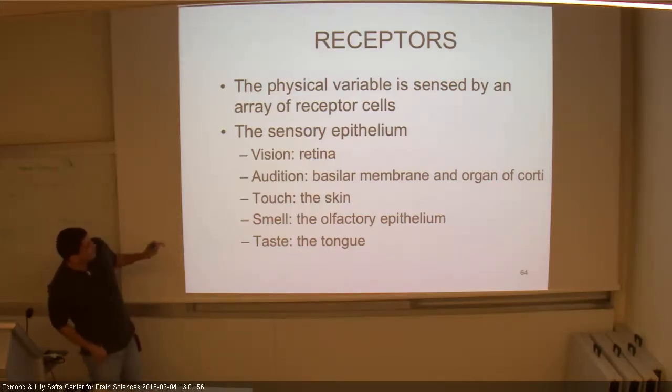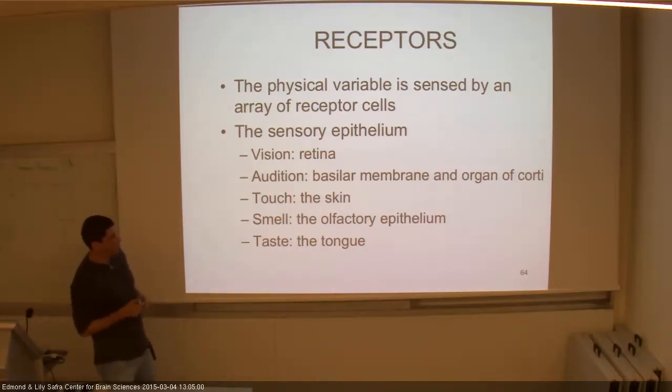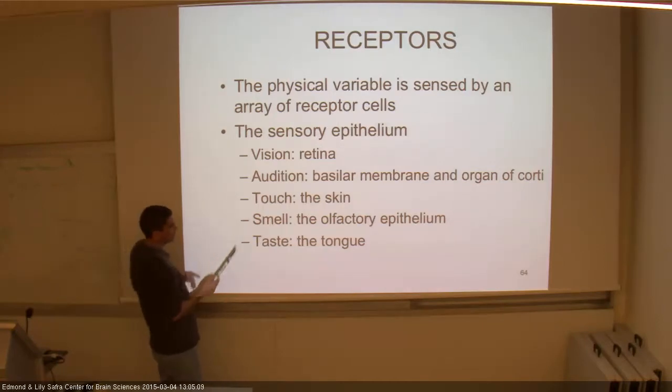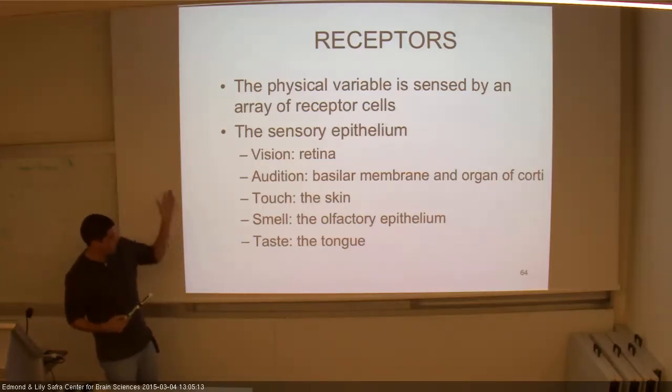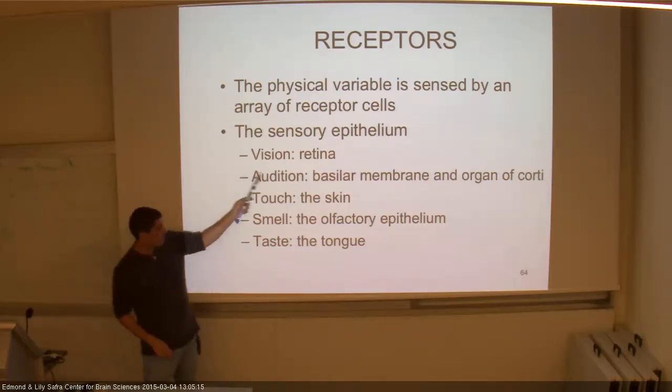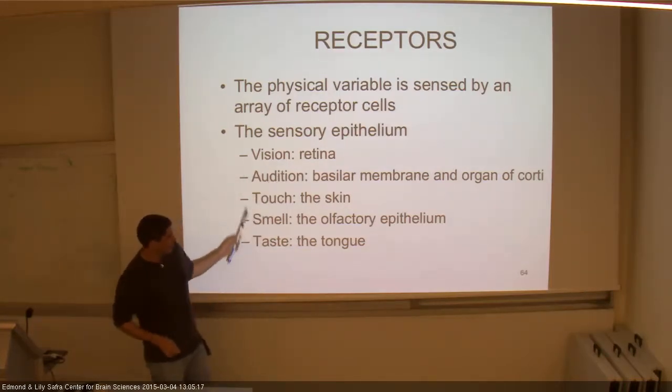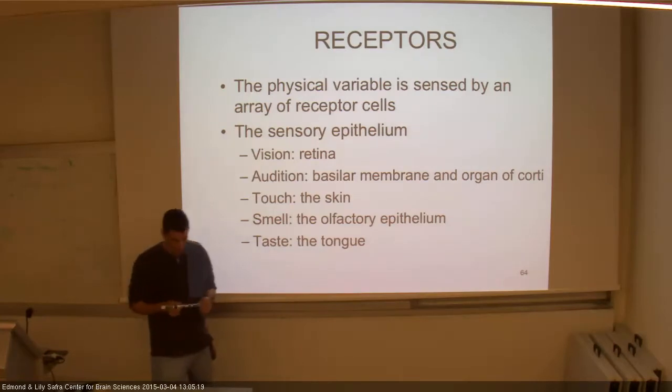And we're going to start at the beginning. The receptors are the first biological interface with the physical world. And if you look at different sensory systems, they have different sensory organs. These are called sensory epithelia. In vision, it's the retina. In audition, it's the basilar membrane or organ of Corti.